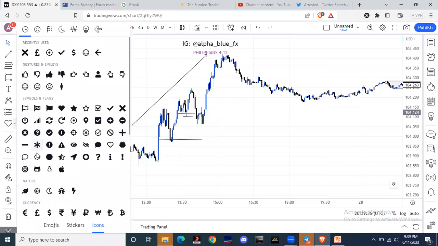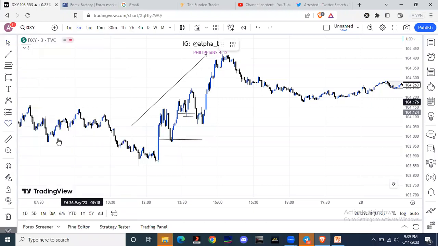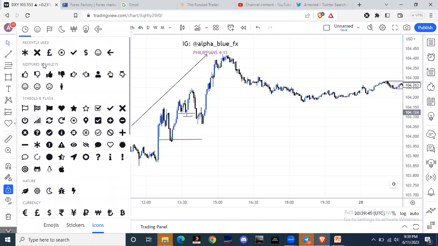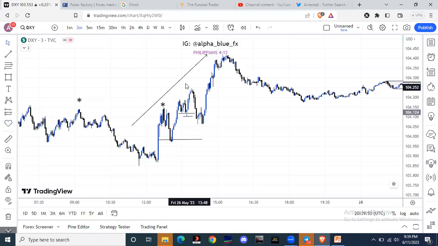Now, let me show you. You see, there's liquidity resting everywhere on the chart. I have 5 more minutes, guys. So there's liquidity here, liquidity everywhere.